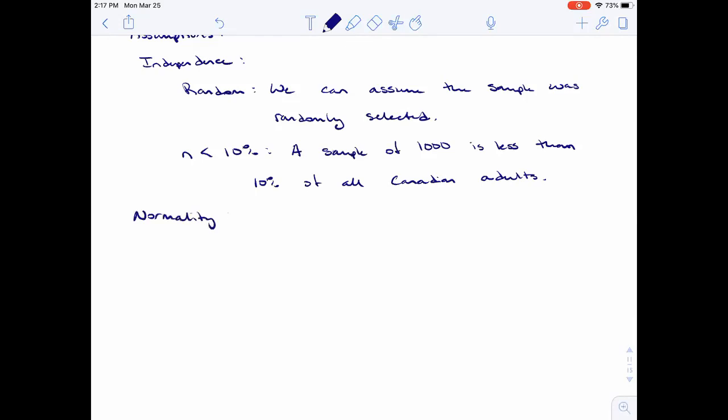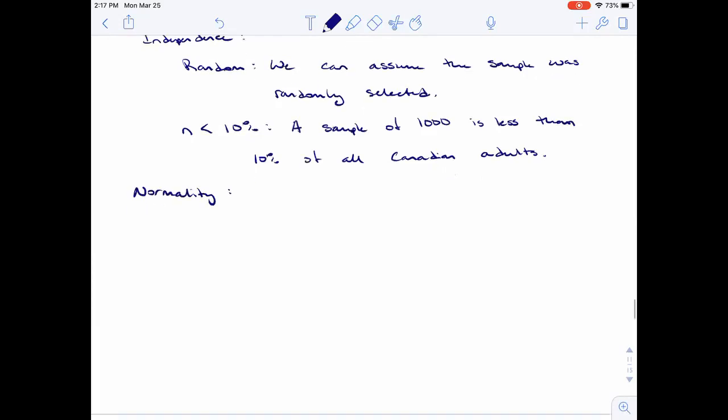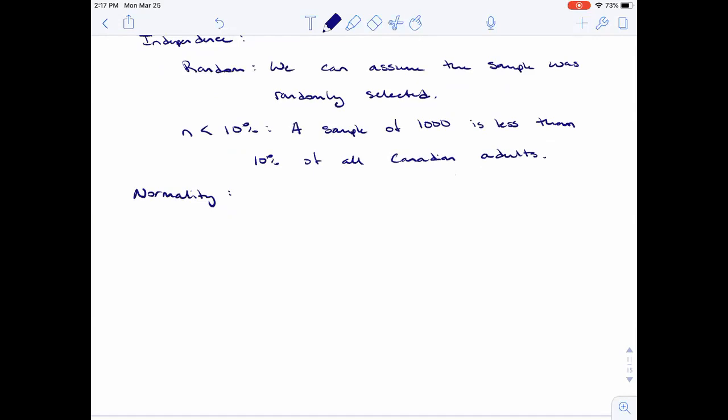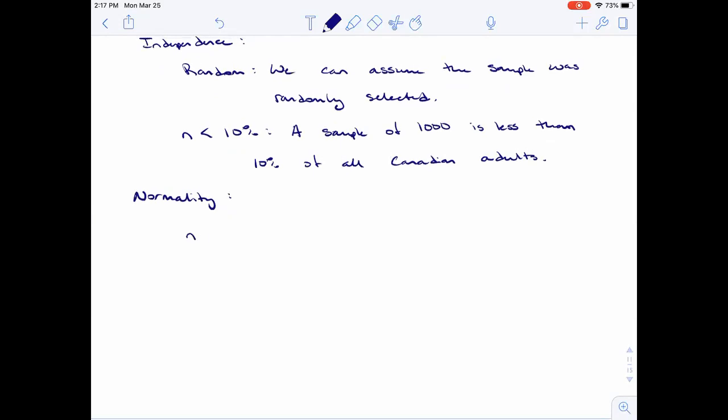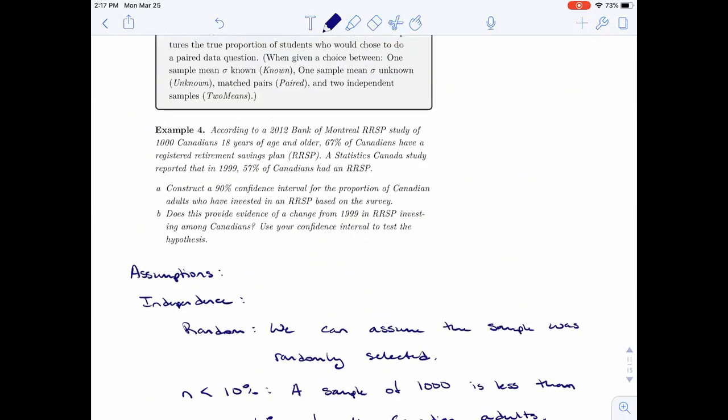So normality, we check by, and this is where it differs if we have a hypothesis test or a confidence interval. For a confidence interval, we have to check that n times p hat, which in this case is 1,000 times, and our p hat, let's just write it out here, was 0.67.